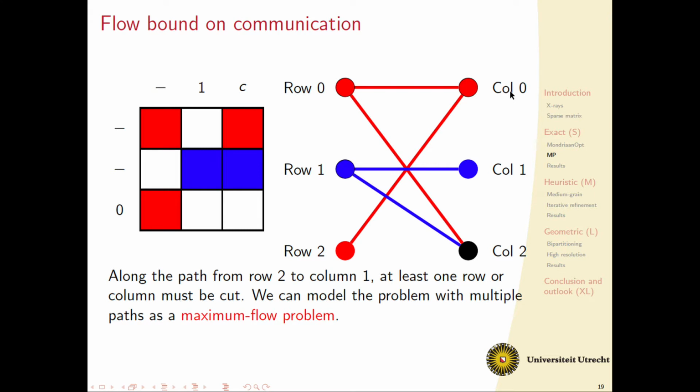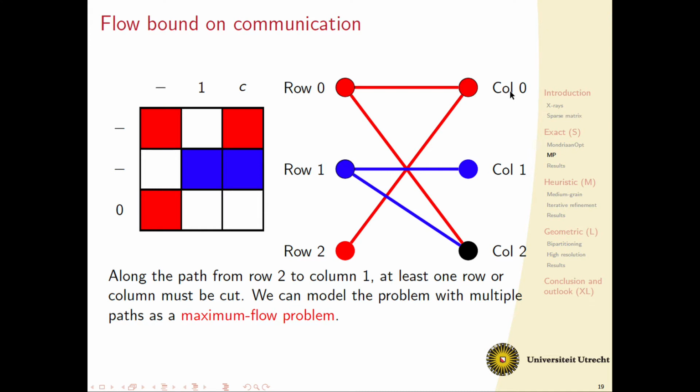At some point, I will hit the blue part. So it's inevitable that in this case, since there is a path from red to blue, there will be a cut and there will be a communication. So the cut will be of column 2, because you see that in this case, one edge is blue, one edge is red, and it means that we have a cut column. So here we have one path, but if we want to find multiple paths, they have to be vertex disjoint.